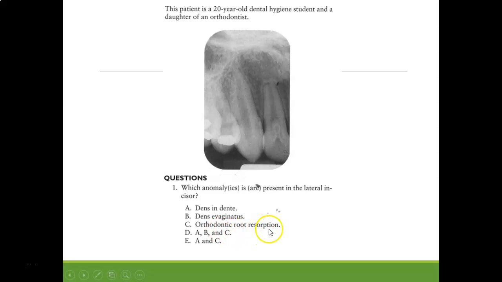C, orthodontic root resorption. A, B, and C, or A and C. What do you think? Give you 2 more seconds. If you said out loud dens in dente and orthodontic root resorption, so A and C, you were right. Congratulations.